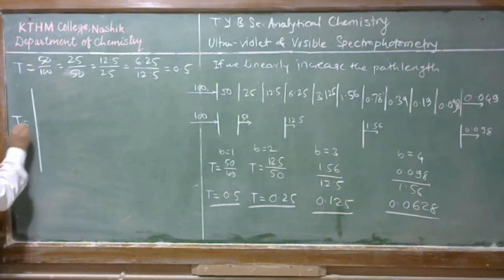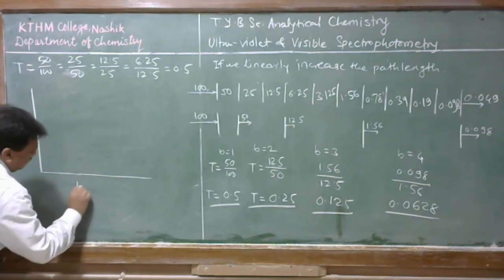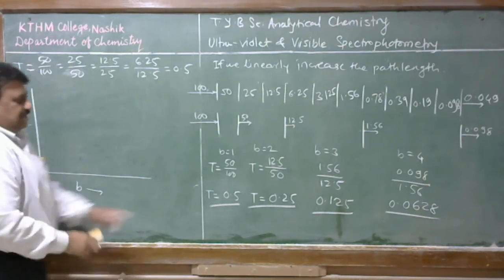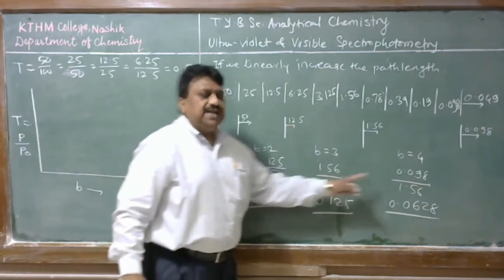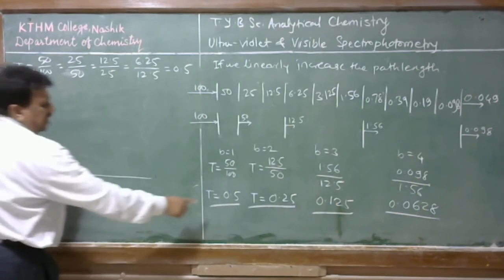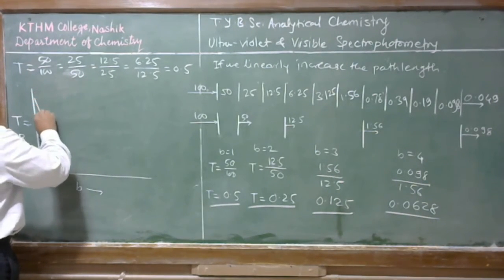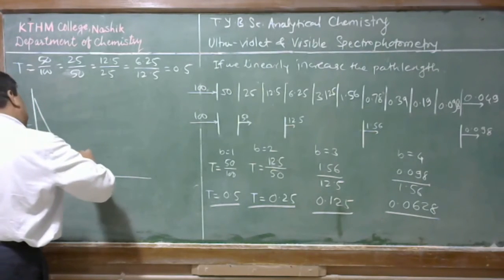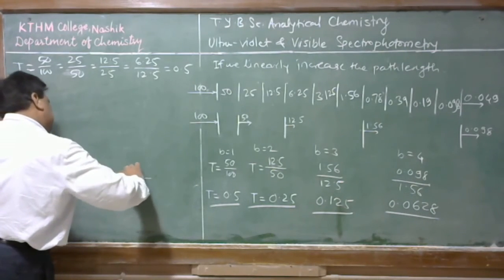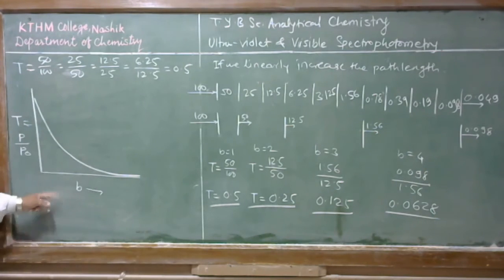T is equal to P upon P0 versus B, that is the path length. In this case, path length is linearly increasing. And therefore here, initially we have T is equal to 0.5, means it is a higher value that decreases exponentially as path length increases. In this fashion, we have a curve.